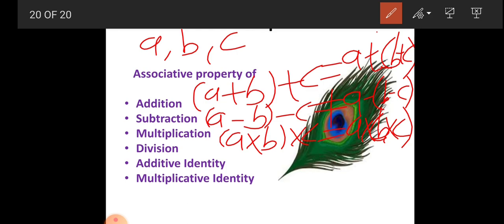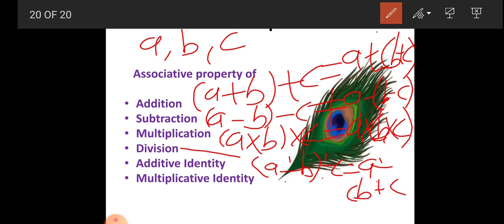Now division: A divided by B divided by C, grouped differently, gives a different answer. And additive identity and multiplicative identity. We notice that the associative property applies for addition and multiplication only. It does not apply for subtraction and division.